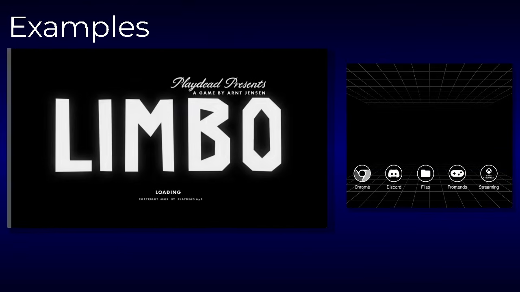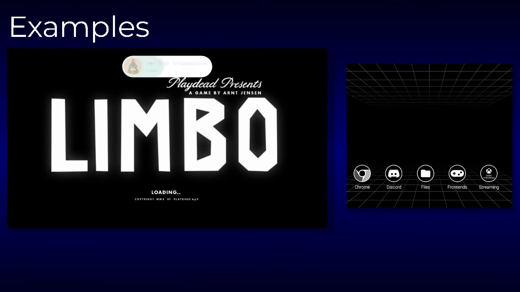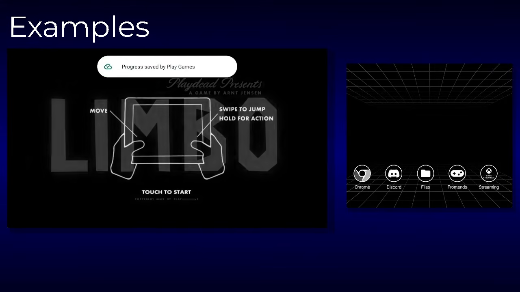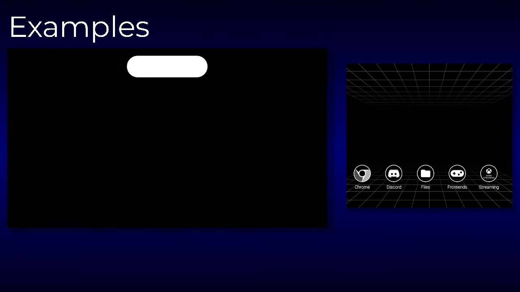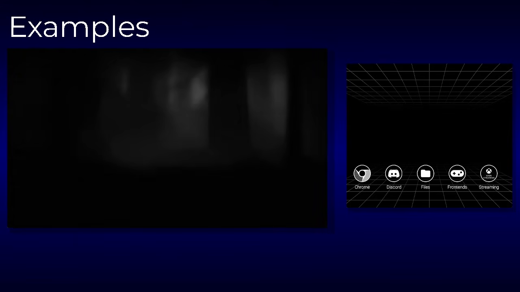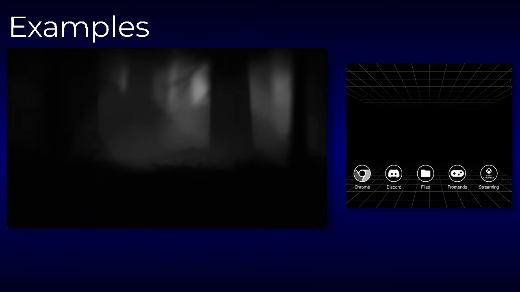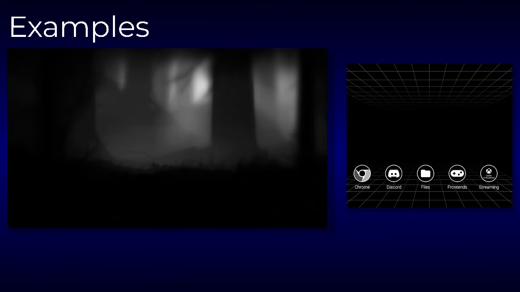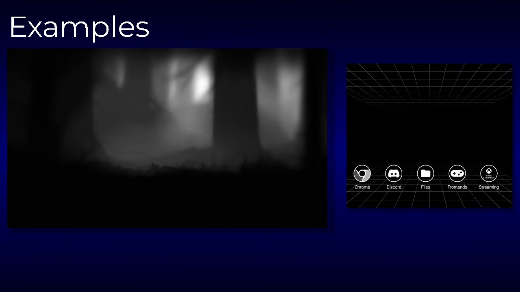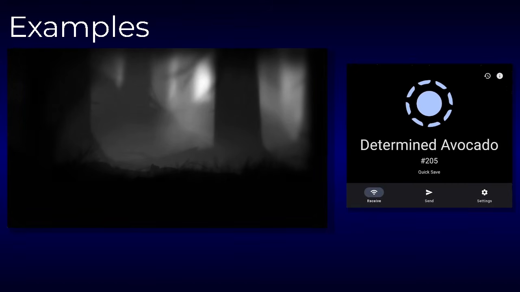Let's play some Limbo. If I'm playing a game and I want to start doing something on the bottom screen, like maybe I'm already doing something on the bottom screen, and I want to change this.